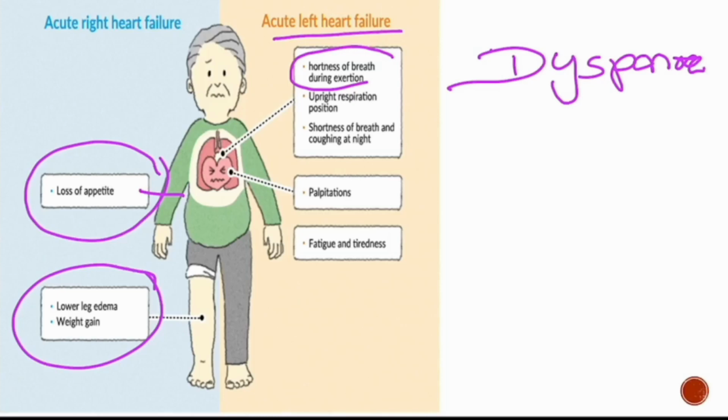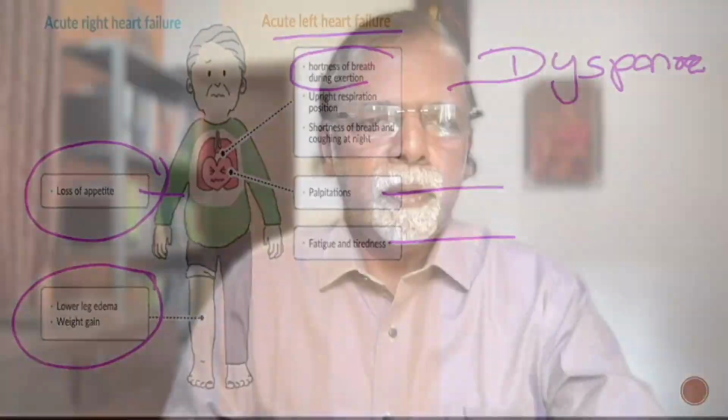You can get in addition palpitations, fatigue and tiredness, and other tissue hypoxia symptoms. Whereas in right heart failure, you get predominantly pedal edema, weight gain, and right hypochondrial discomfort. Hope this point is clear to you. Many times these symptoms can occur in the same patient. All the symptoms are due to congestion, and we call the patient as having congestive heart failure.